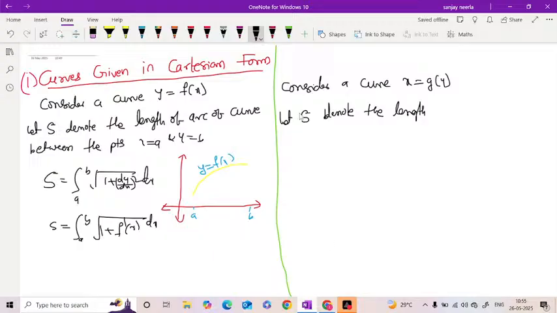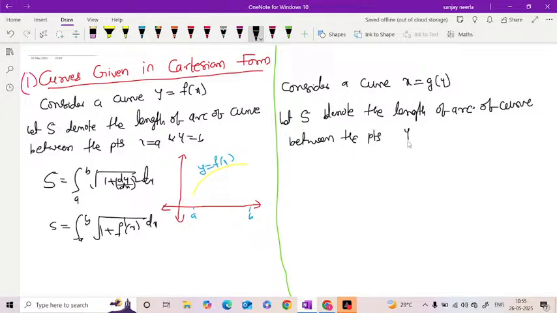Okay, so second formula is, consider the curve in terms of y, that means x is equal to a function of y. Now assume s denotes the length of the arc of the curve between the two points.